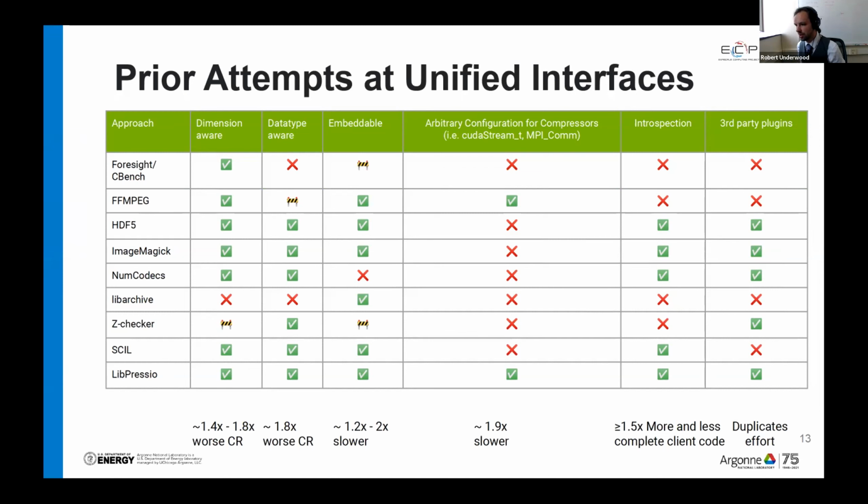By not supporting these accelerator native data types, you can leave a lot of performance on the table, simply because you can't natively serialize these things into strings. And not allowing features like introspection or third-party plugins can really bloat the amount of code, both client code and code that the compression developers need to write in order to integrate with your systems.